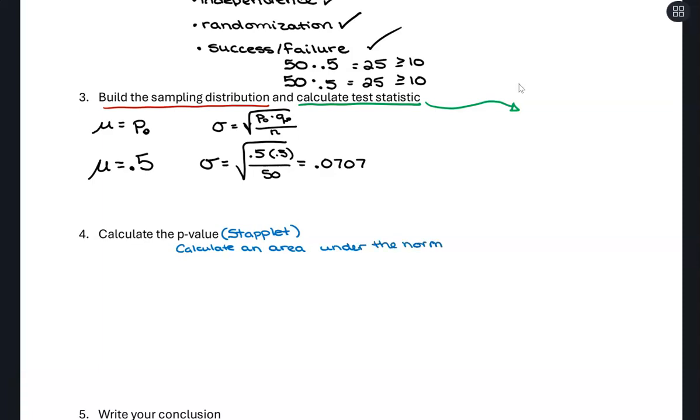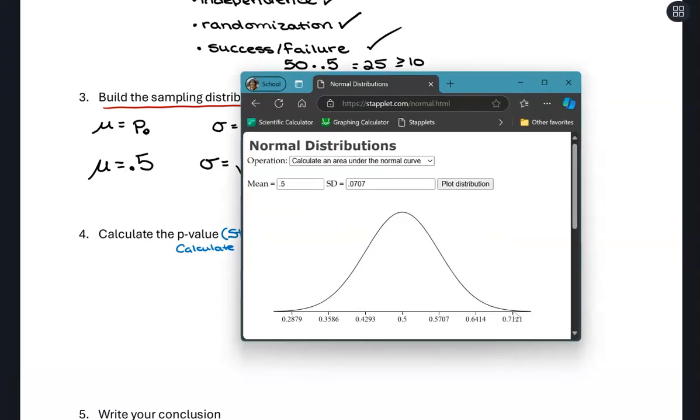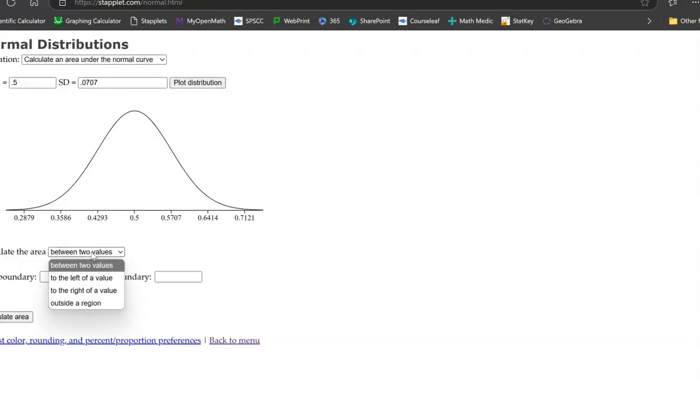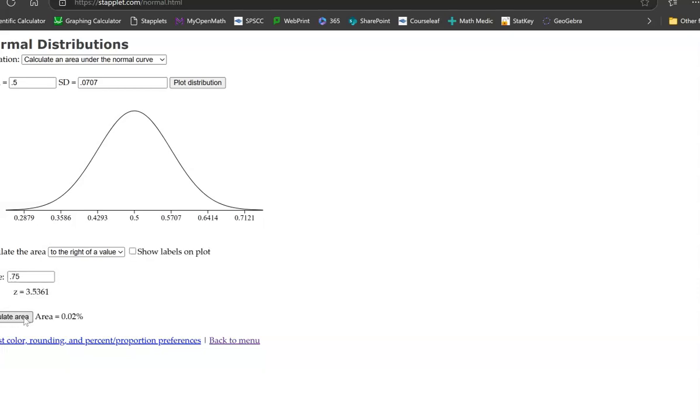And that area, we want to find the probability of being at 0.75 or more extreme than 0.75. And that's going to create a right tail area for this picture. So again, 0.75 is off the screen there, but let's see what we get out. So my value for the cutoff is 0.75. I'm going to calculate that area.